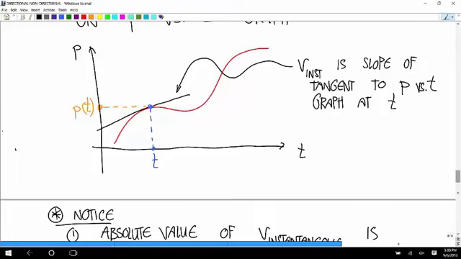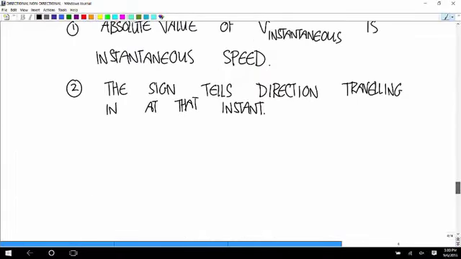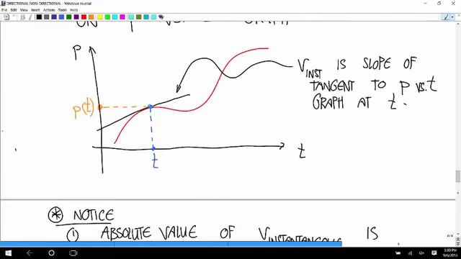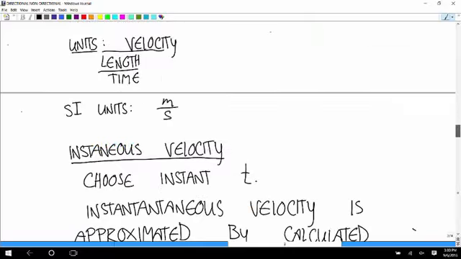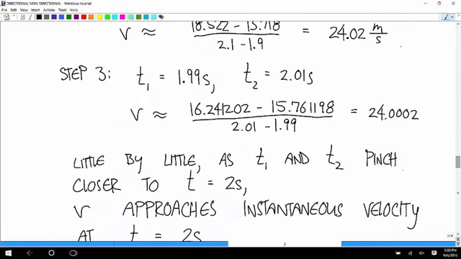Okay. And the last thing I want to say is, if we're thinking about any one-dimensional motion, or any motion along a line, say the line is like this, and we chose our positive direction to be that way, then if the slope is positive, it means it's moving in that direction.